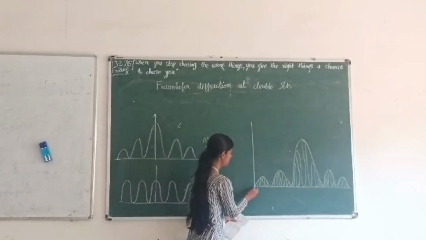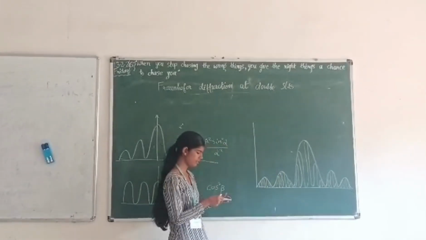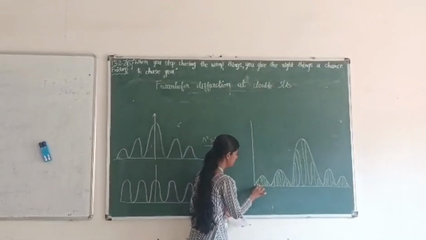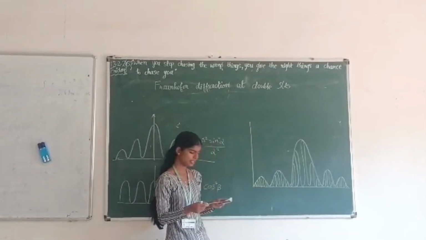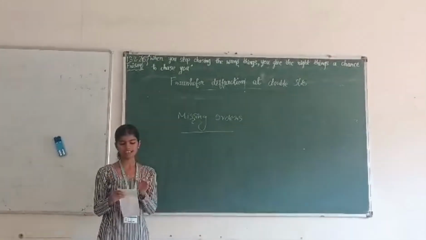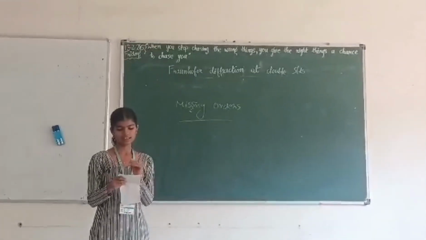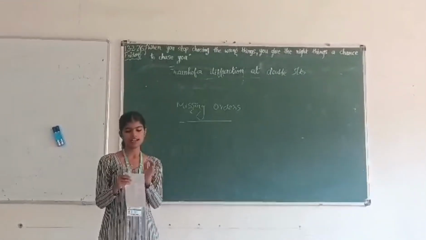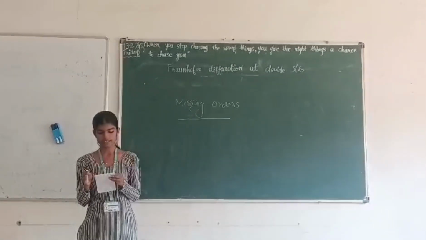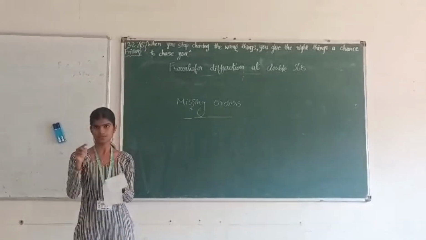Here the white portion is the diffraction due to single slit, and this one is the interference pattern. The positions of certain interference maxima correspond to diffraction minima at the same position on the screen. As a result, the interference pattern will be missing in this direction of theta.